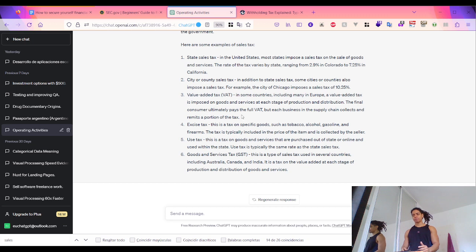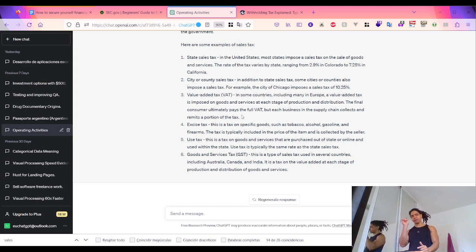Interesting. This is how government collects sales tax.